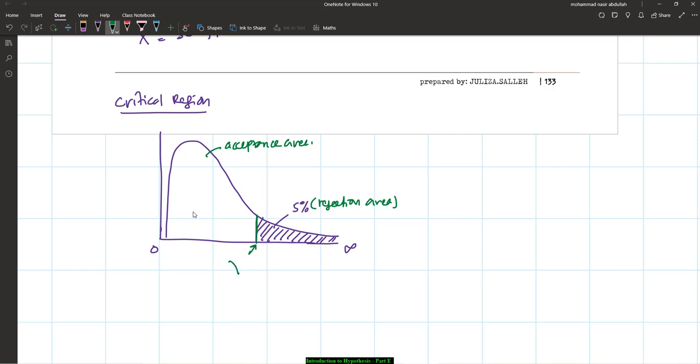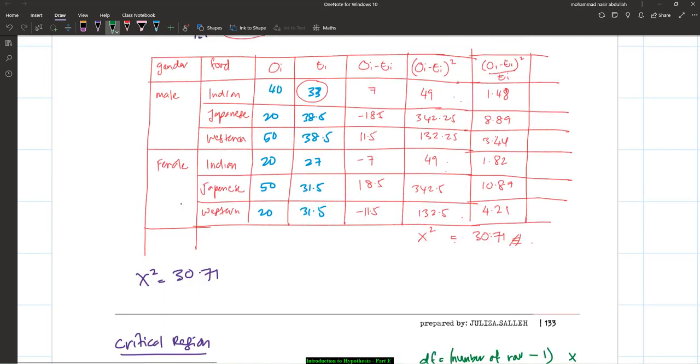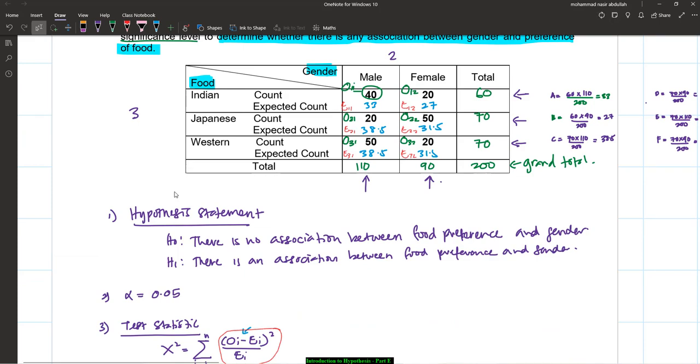So the critical value is chi-squared alpha with degrees of freedom. Our degree of freedom here is number of rows minus 1, multiplied by number of columns minus 1. Looking at the cross tabulation table, we have 3 rows and 2 columns.